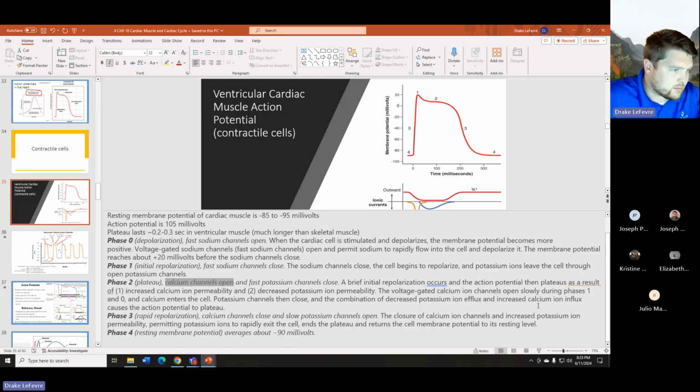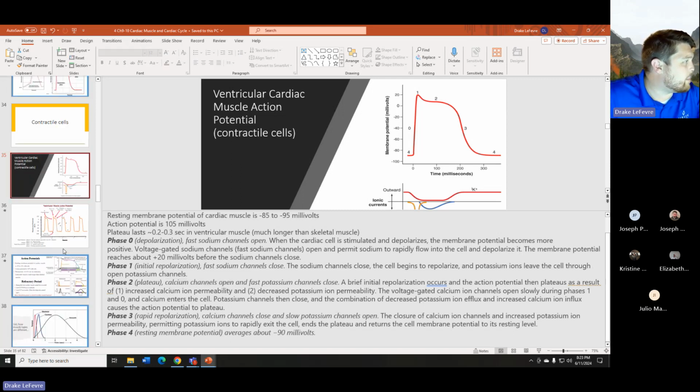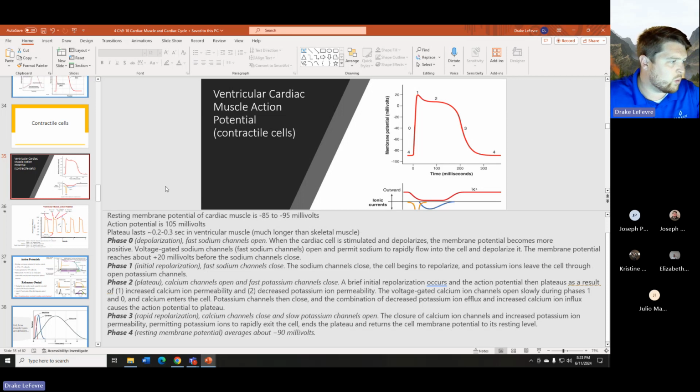The reasons for that pause, that plateau, are to prevent accidental repolarization, to extend the absolute refractory period, and also to allow for the whole heart to contract.